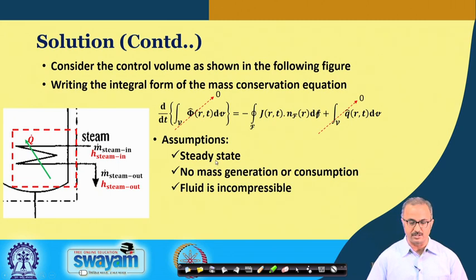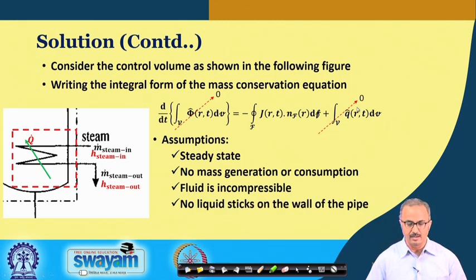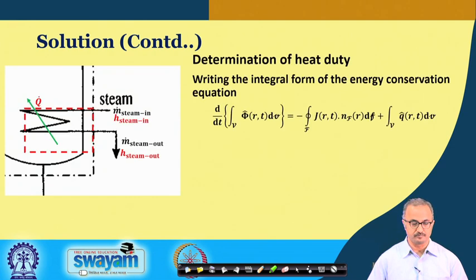We again put all the assumptions as before. In this case we are assuming steady state within the pipeline, so there is no accumulation and no generation term, and we also assume that there is no liquid sticking to the pipeline wall.